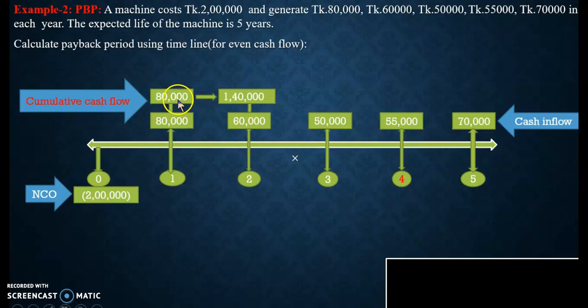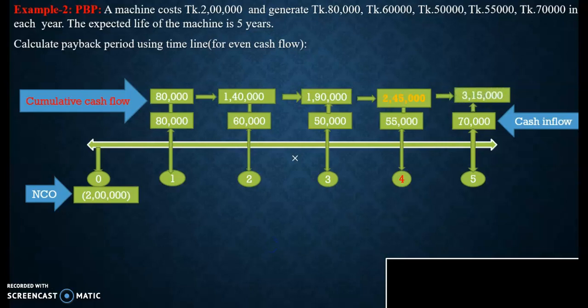We add 80,000 and 60,000, it will be taka 1,40,000. Third year it will be taka 1,90,000. Fourth year, it will be taka 2,45,000. And fifth year, it will be taka 3,15,000.